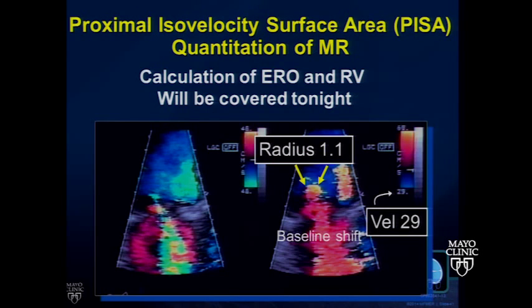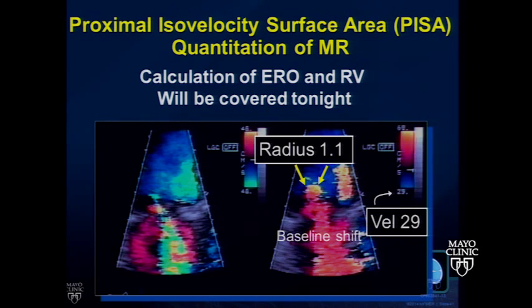So what you have to do is go one step further. And Sunil this evening is going to go over the measurement using the proximal isovelocity surface area, PISA. It's a wonderful method to quantitate mitral regurgitation, and you will get numbers such as effective orifice area and regurgitant volume and regurgitant fraction, and I would urge all of you to get this done in your laboratories so that you will have a quantitative measurement of the degree of regurgitation.